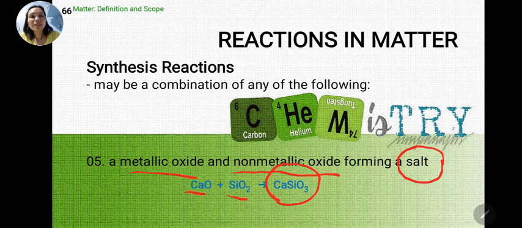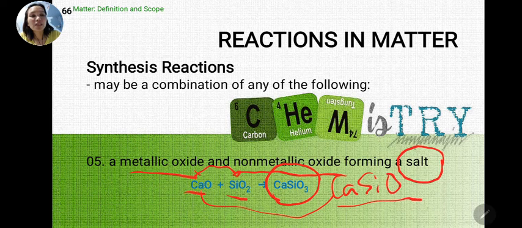So, kung mapapansin nyo, pinagsasama-sama lang siya. So, you have calcium oxide here and silicon dioxide. You will form this. Pero, meron mga subscript numbers here to balance the equation. So, kailangan laging balanced yung equation natin. Otherwise, hindi siya relevant or true chemical equation.